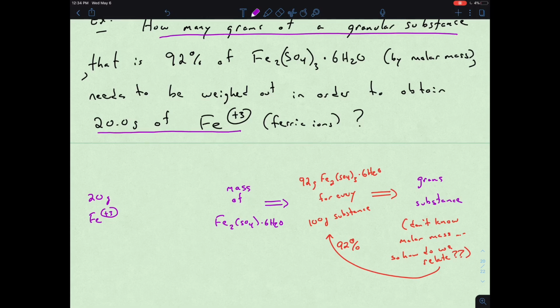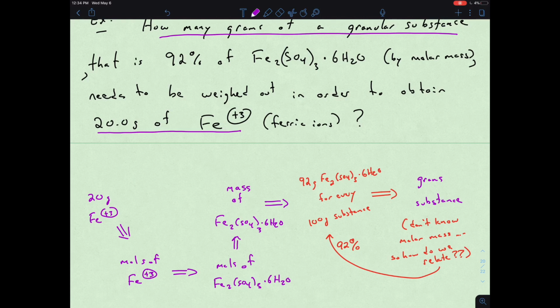And I don't have enough room here, so I'm just going to do an L, meaning that now I can go to what I know from that prior example, and go to moles of the ferric sulfate. Once I get to moles of the ferric sulfate, I can then go to moles of the ferric ion, and then I can connect to where I began.